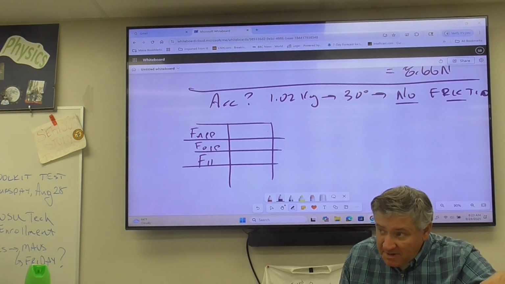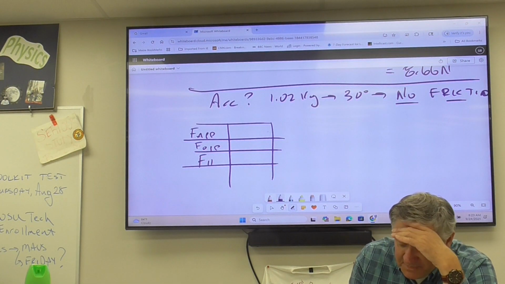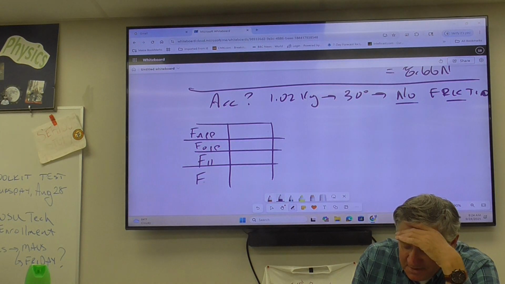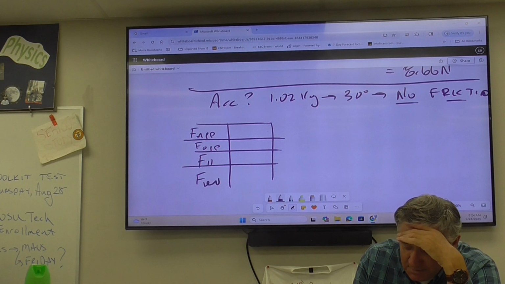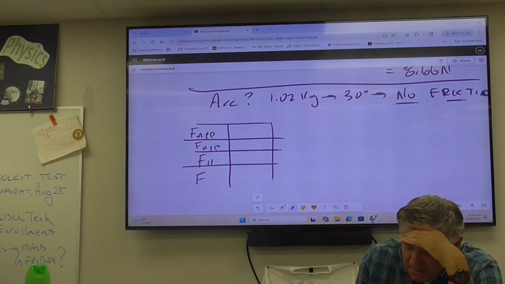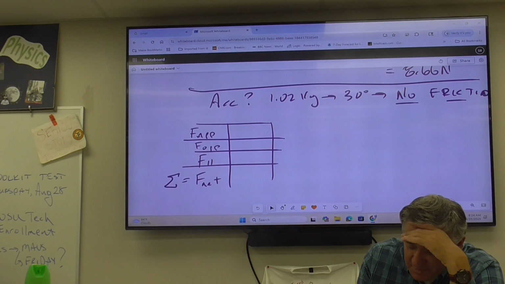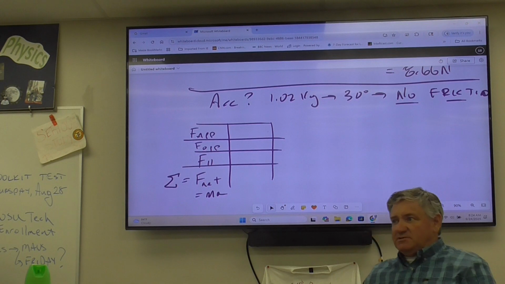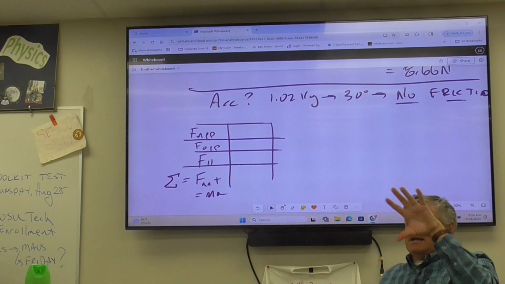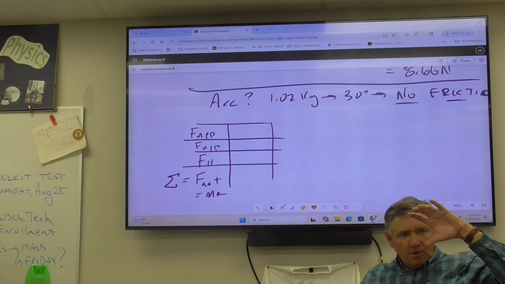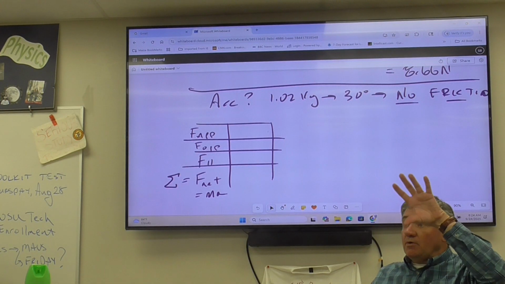But now we have force parallel in the mix. But that's still going to equal the net force, which is still going to be the sum of all the forces, and that's still going to equal mass times acceleration. So the only difference is that now we're going to have a third column, or third row in our chart.